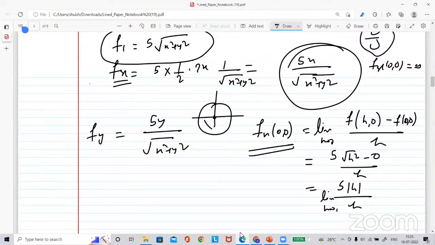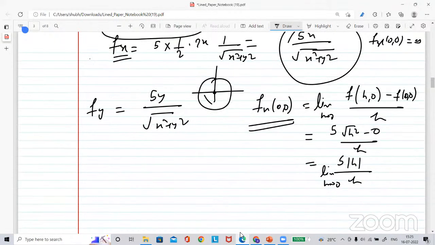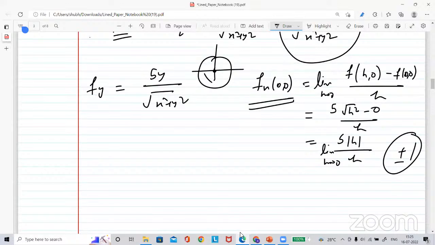Does this limit exist? No, for positive h we get plus 5, for negative h we get minus 5. Yes, this limit does not exist, as when h is less than 0, it will still give you a plus and minus.